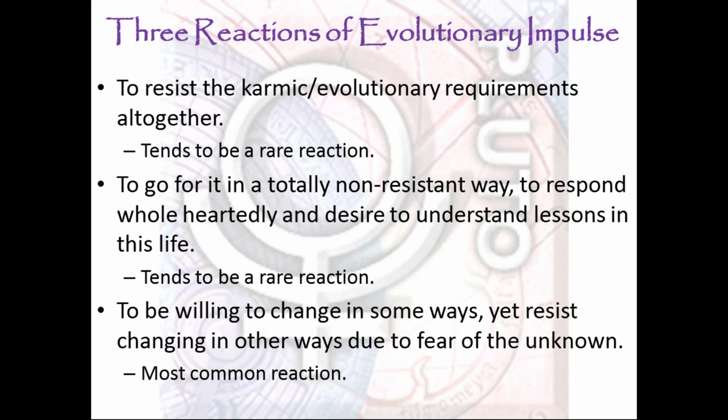We're willing to make changes in some ways, yet we resist changing in other ways due to fear of the unknown. And we could also say due to the security mechanisms we've built up with the status quo. That can also be in there as well.